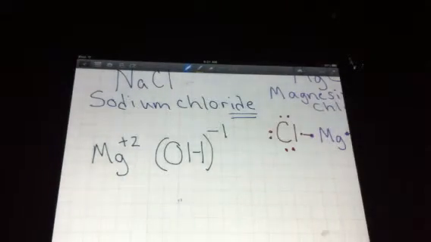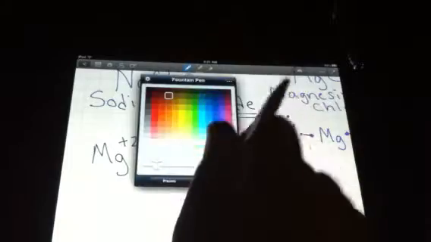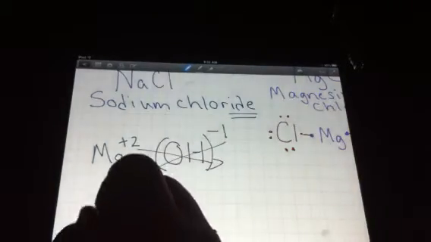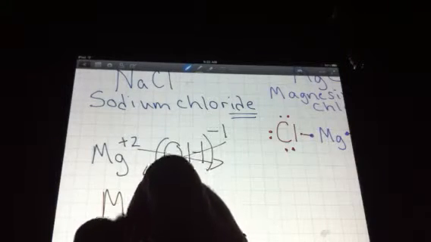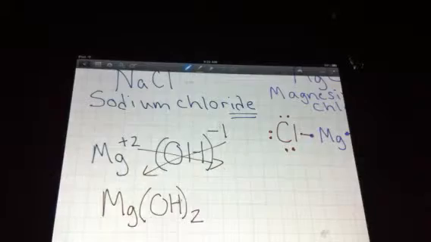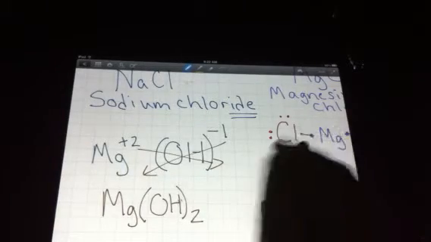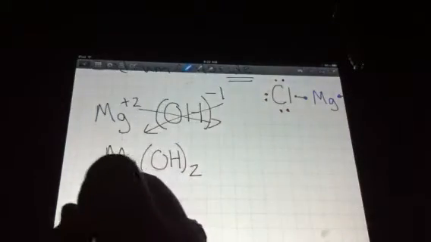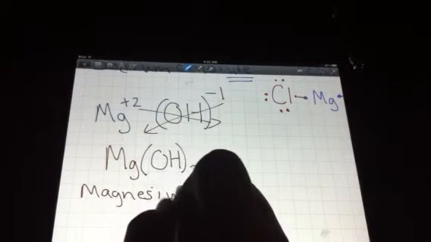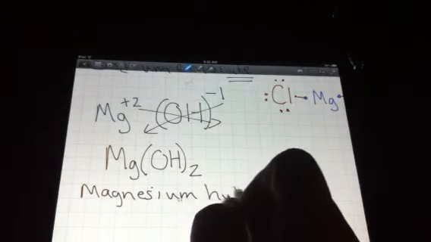This 1 unit has a -1 charge. So now I'm going to criss and I'm going to cross. Criss and cross. And I get Mg parentheses, because this is 1 unit, 2. And this is now magnesium hydroxide.